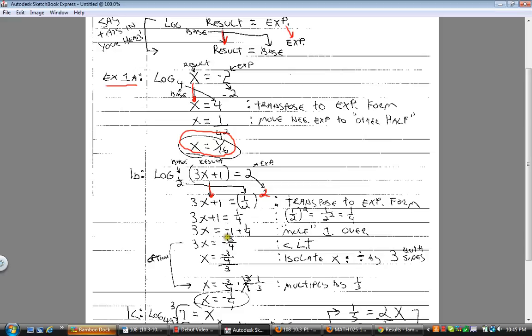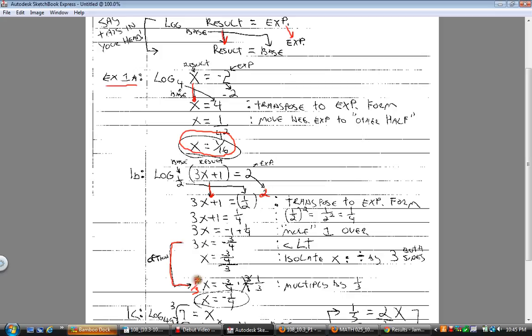If you owe somebody $1 and you give them a quarter, you still owe them 75 cents or 3/4. For this last step, it's 3x equals -3/4. You're used to doing the closing move where you divide by 3, which is still fine, but it creates a complex fraction. You can bypass this by realizing you've got a fraction on the right hand side: why not just multiply both sides of the equation by 1/3, the reciprocal of 3?